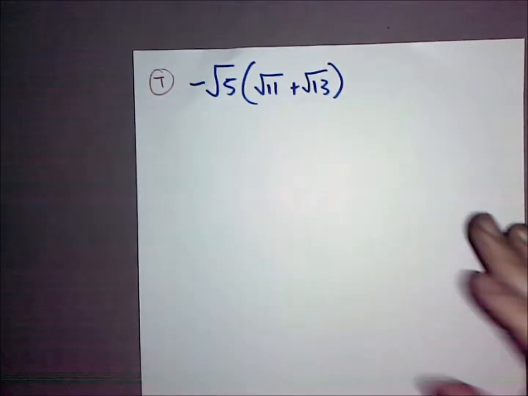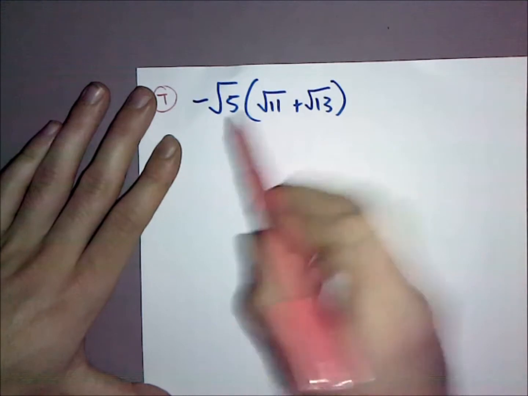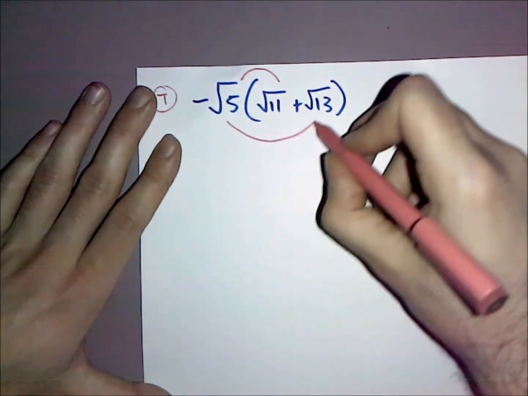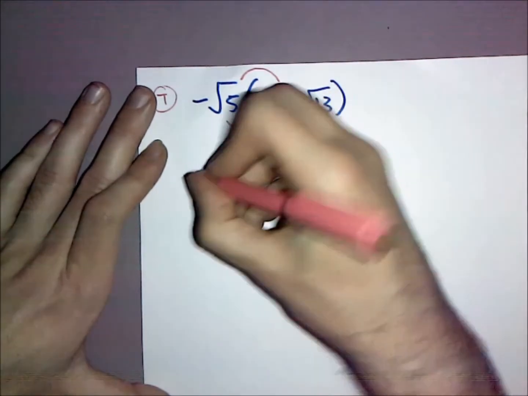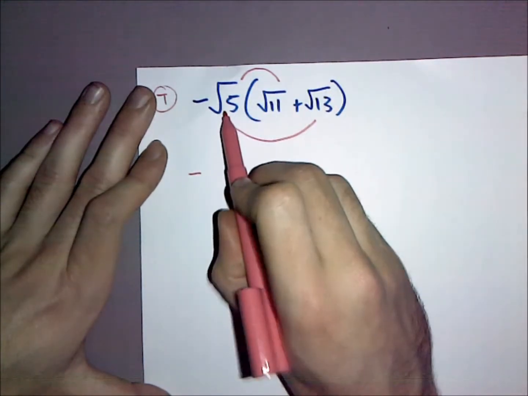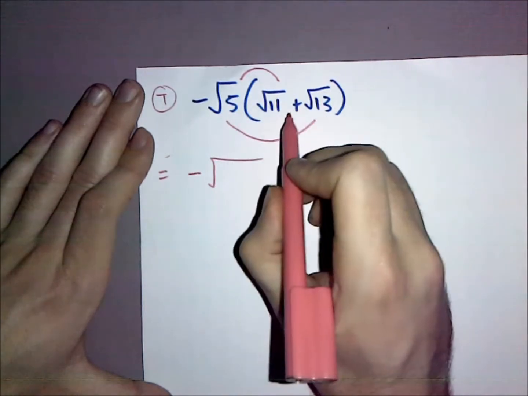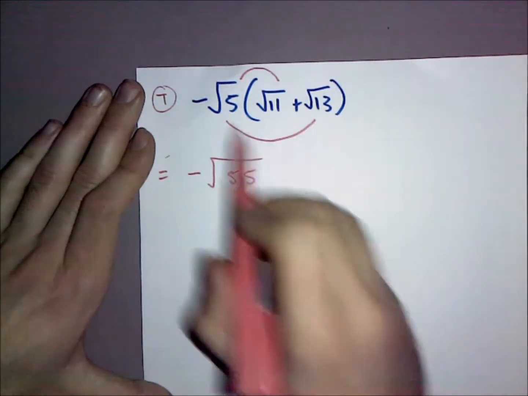Now, last example is with the distributive law. So with the distributive law, we're multiplying this coefficient out the front by the first term, and then we're going to multiply this by the second term. So a negative times a positive is a negative, and then we'll deal with the square roots. So it's the square root of 5 times 11, which is 55, and then we'll deal with this term.